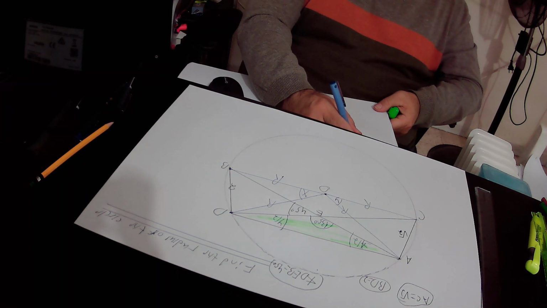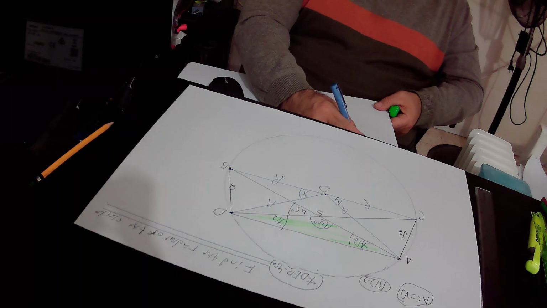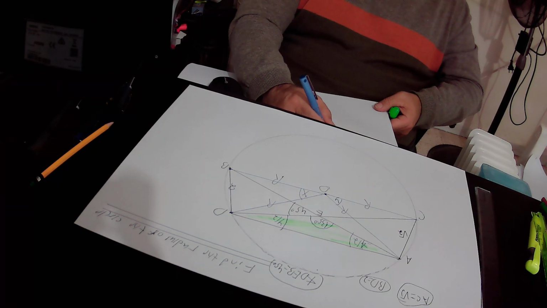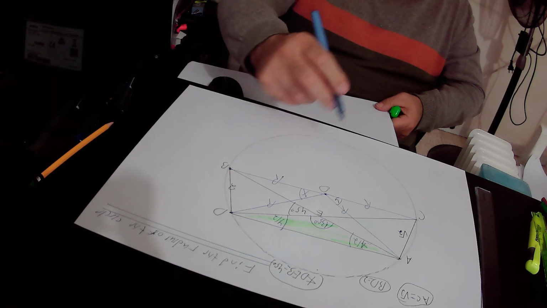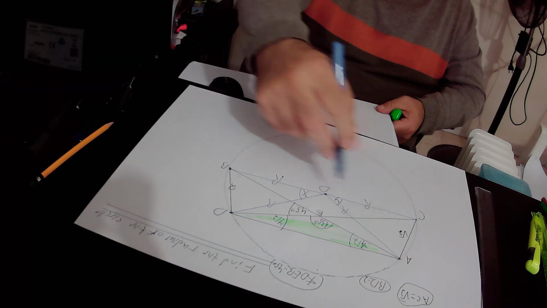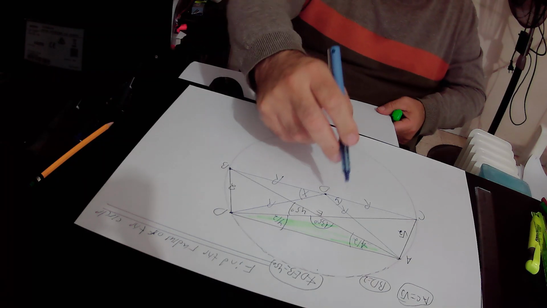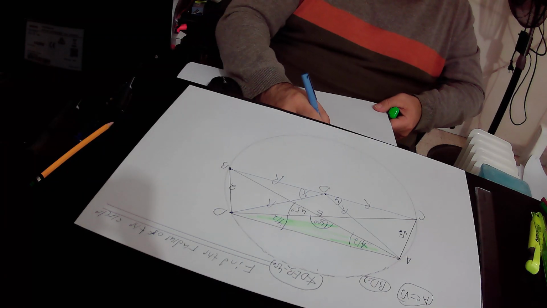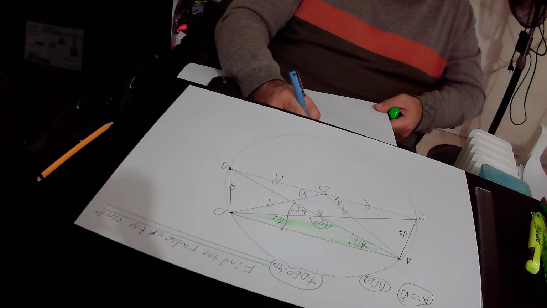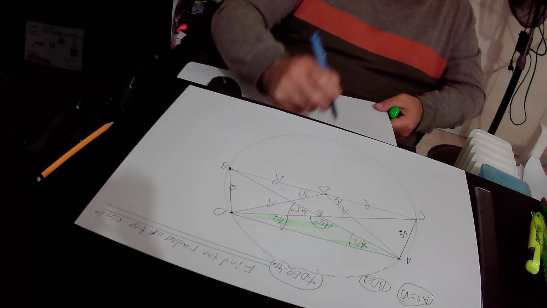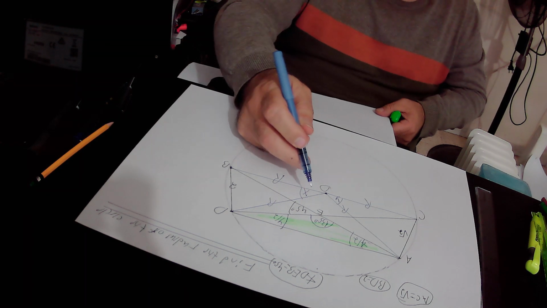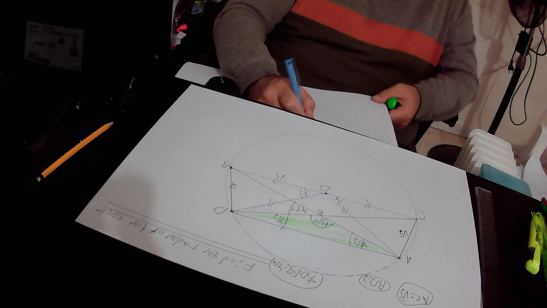Which angles do we have in this triangle AED? We have x over 2 plus y over 2 plus this angle, which equals 135 degrees.